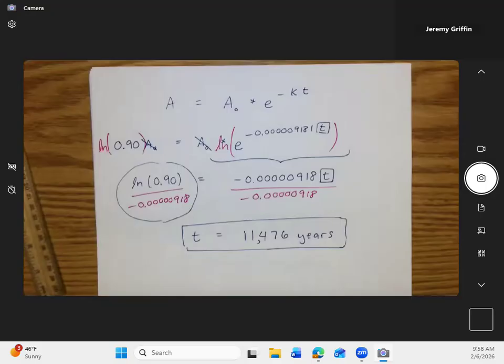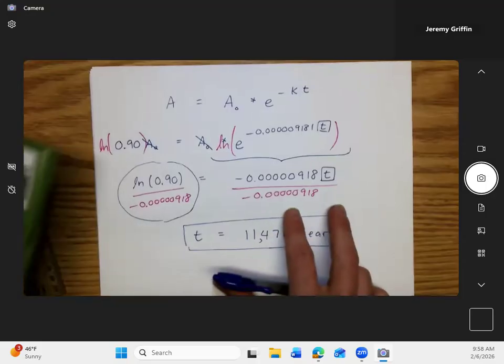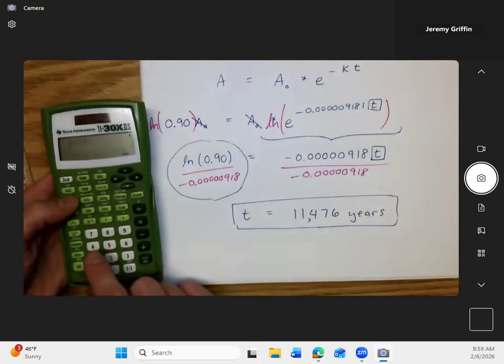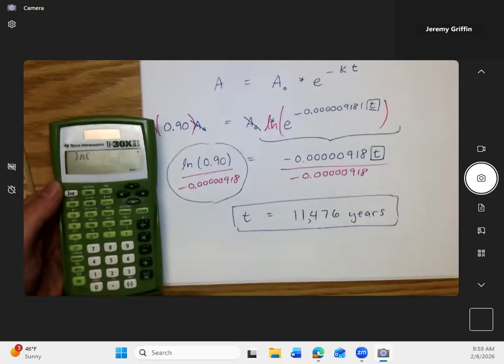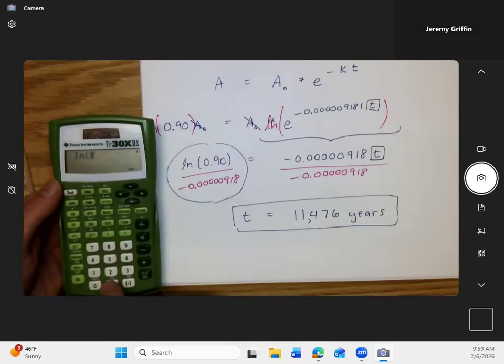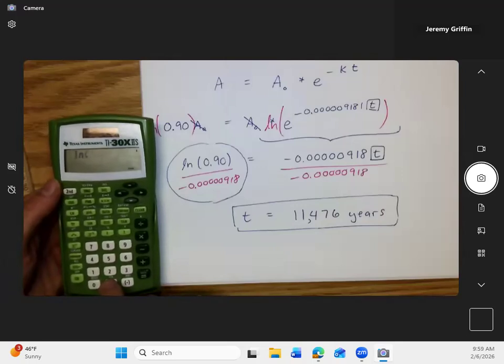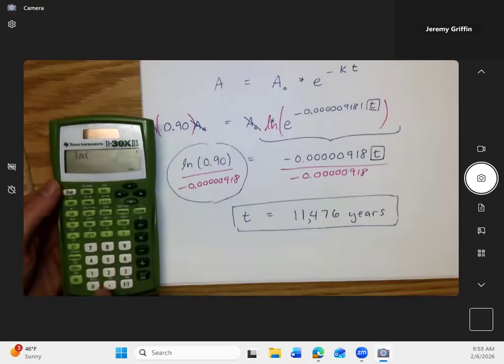Everybody read that in the notes? Yes. I did it, it gives me 26,000. Okay, it might be how you typed it. Right, so here, let's just type natural log. How about I click second function natural log, which gives me this.